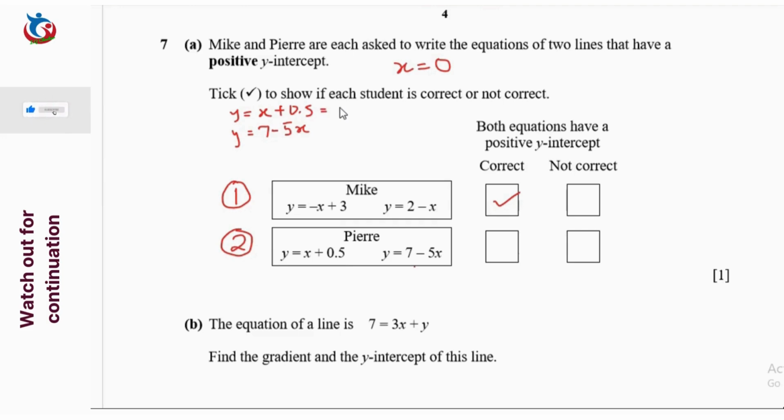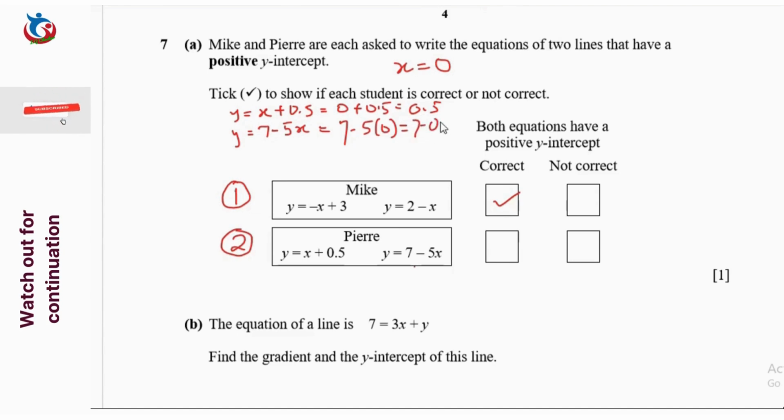So we now have 0 plus 0.5, and if you add them together, you have 0.5. And this is a positive y. Then if you go to the second one, we have 7 minus 5x, that's 5 into bracket 0. 5 multiplied by 0 will give you 0.